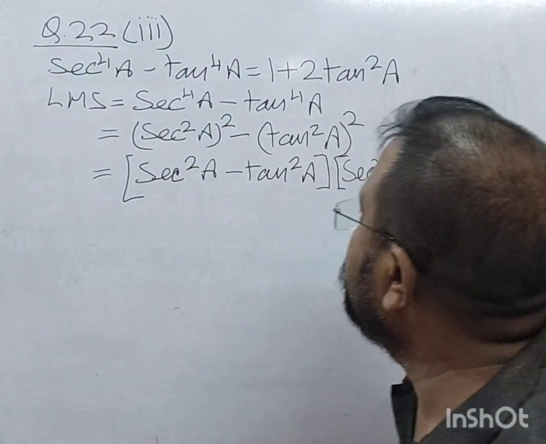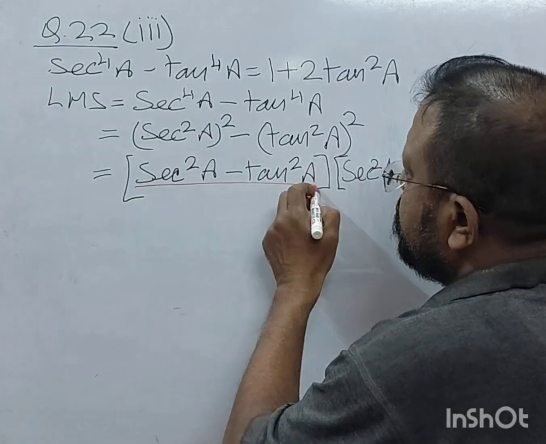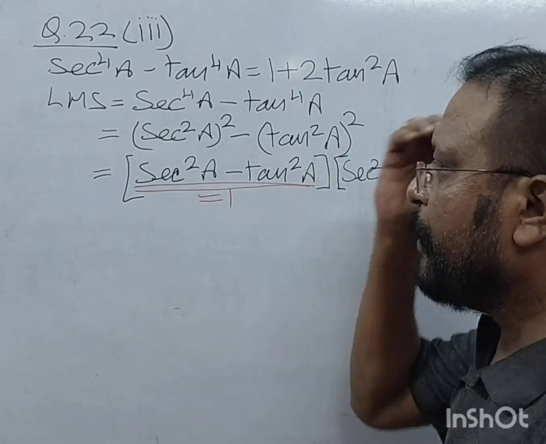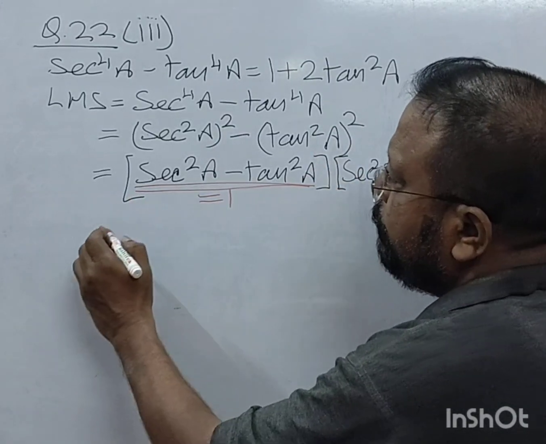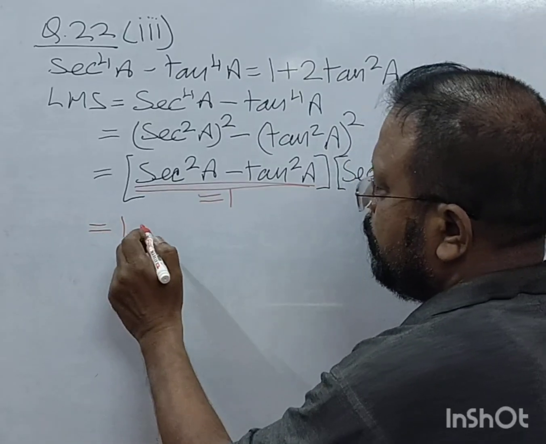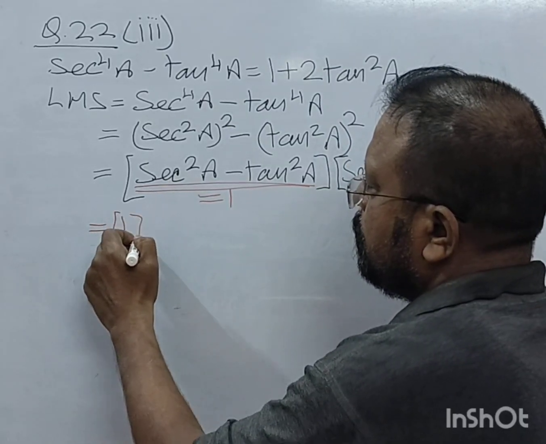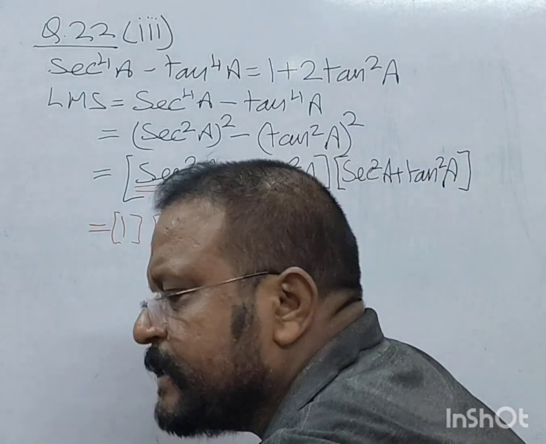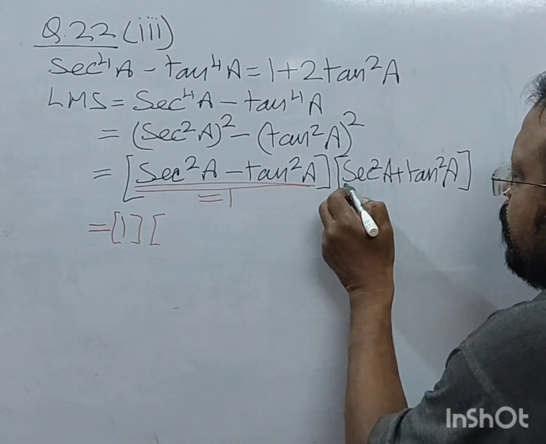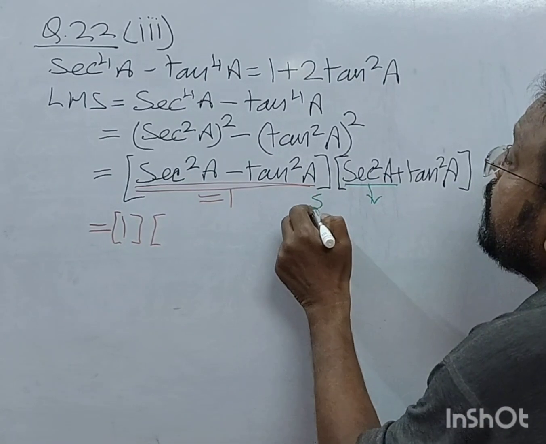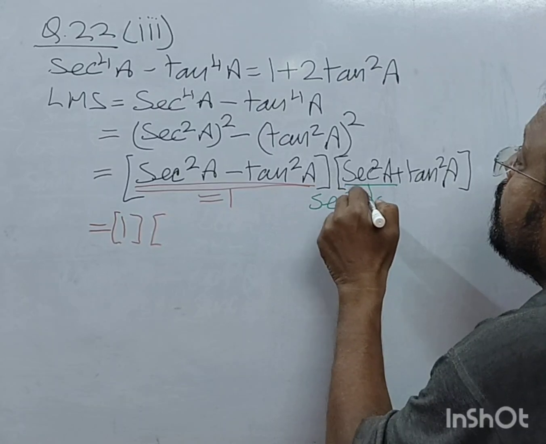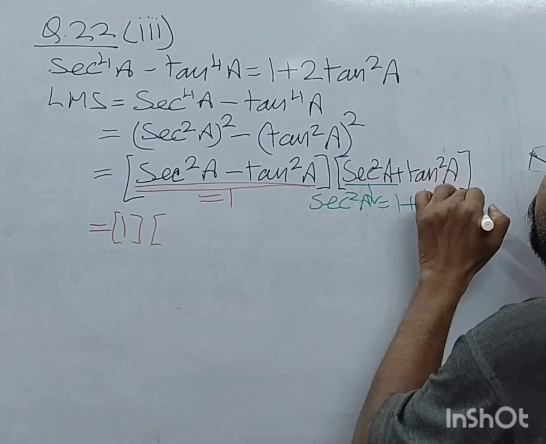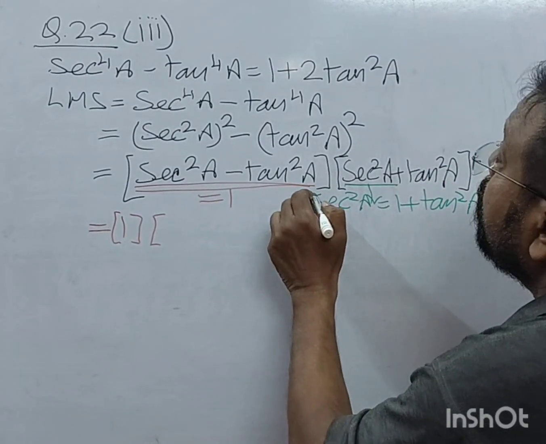Now this is equal to 1, by formula we have, so that's why it goes to 1 into sec square a plus tan square a. We know that sec square a is equal to 1 plus tan square a. This is the formula we have, right?